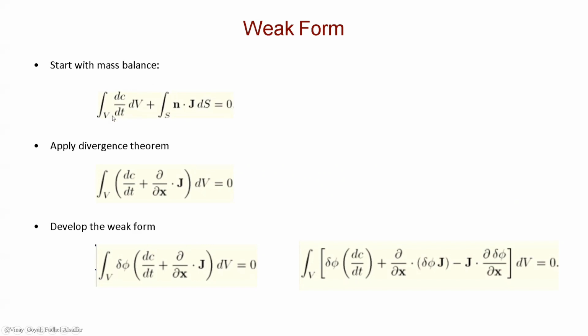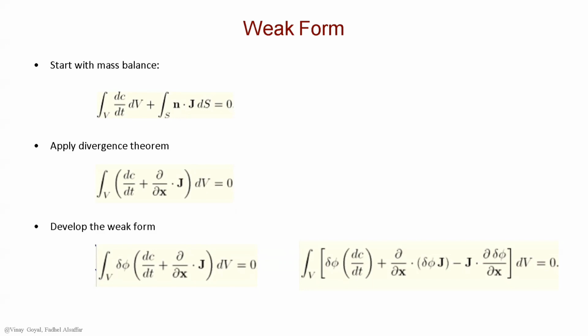If I now apply the divergence theorem, or a way of integrating by parts, then I'm able to show the second equation there, which is the integral over the volume of dC/dt plus the divergence of J, dV, equals 0.